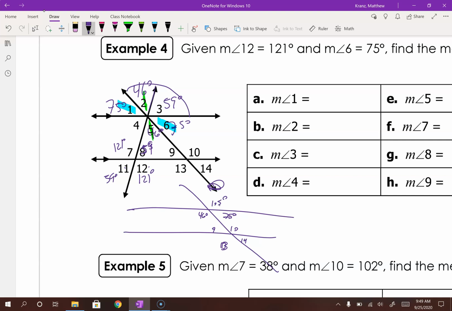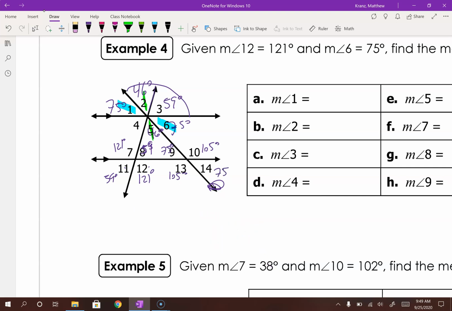Because if this is 75, this has to be 105 because it equals 180. And then this one here is going to be 75. All right? So now how do I do this? Well, 75, that's corresponding to 14, so that's 75. 105 is right there. This is 75 because they're vertical angles, and this one is 105. So if I fill it in, this is 105, 75, 105, 75. And now we've gone ahead and we've filled in all of our angles.